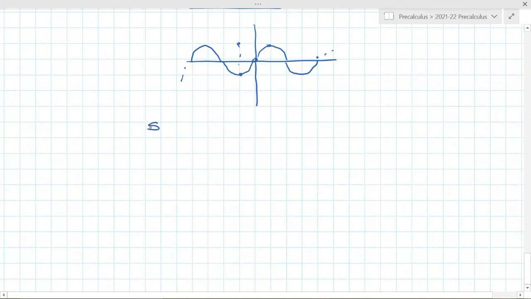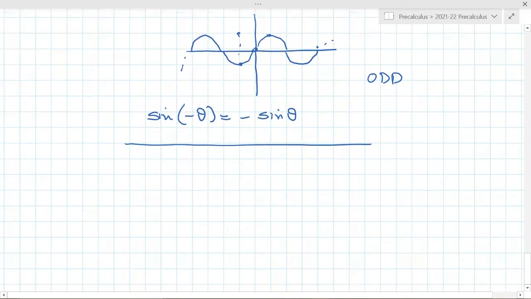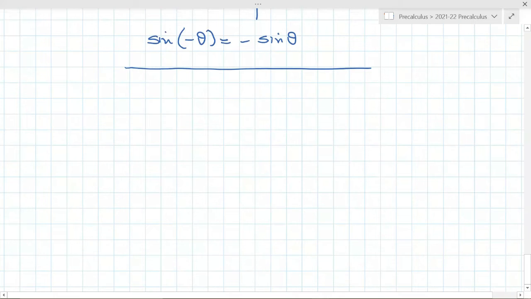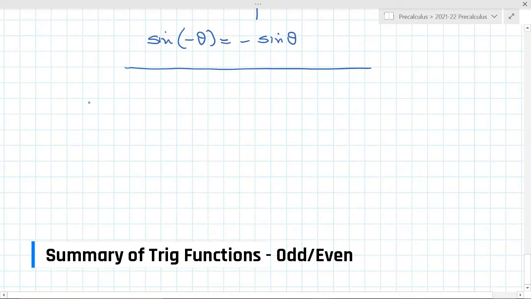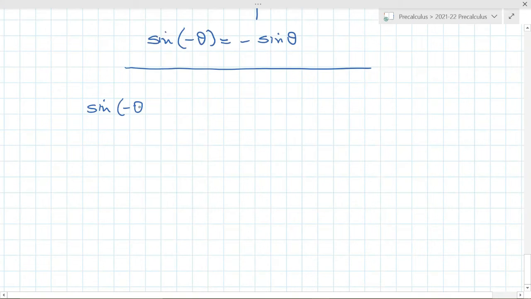So sine of negative theta is. So let's summarize. Let's check all the trig functions if they are odd or even. So sine of negative theta, cosine of negative theta, and tan of negative theta.